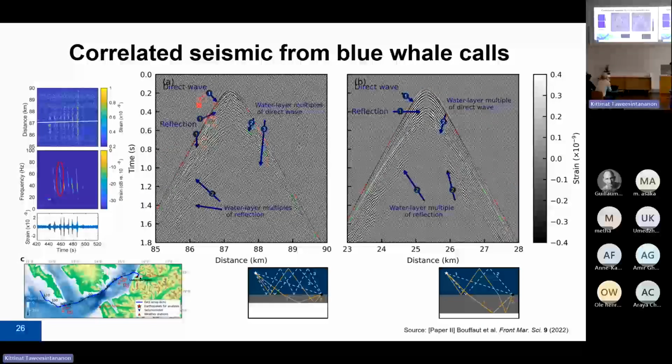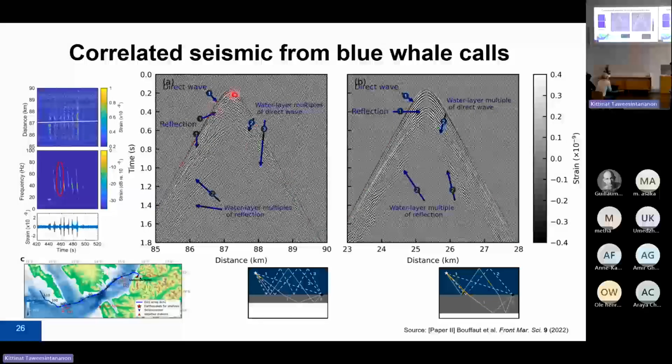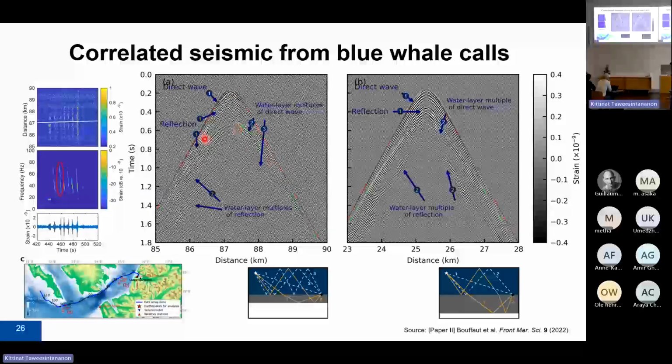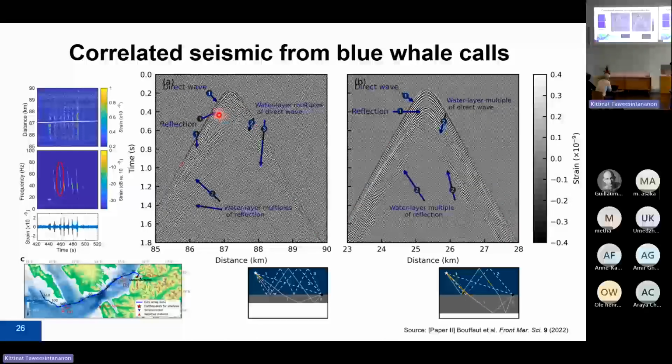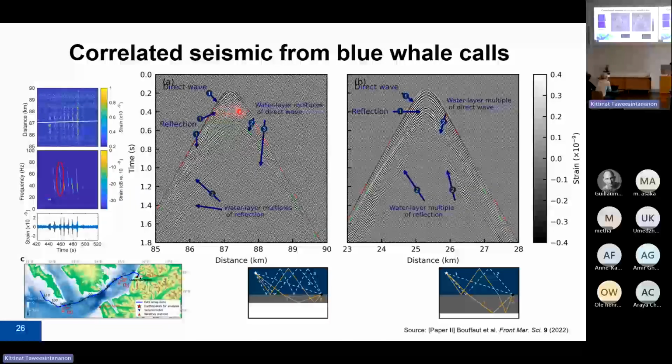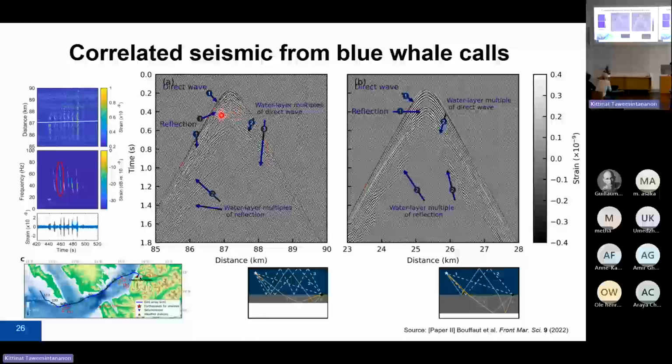From this, you can see that we clearly see the direct arrival of the event. We see the water layer multiple of the direct arrival. We see some information about the subsurface in terms of reflection, whether it's a P wave or shear wave reflection, converted wave or whatever. We have information of the subsurface, especially in here.